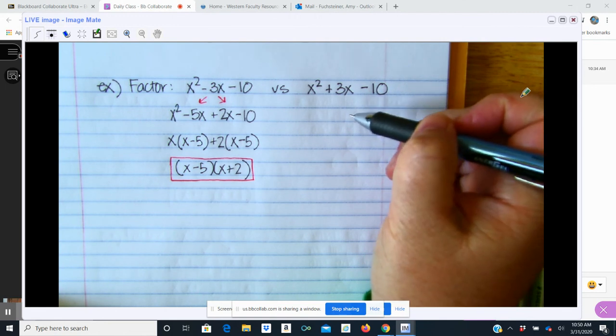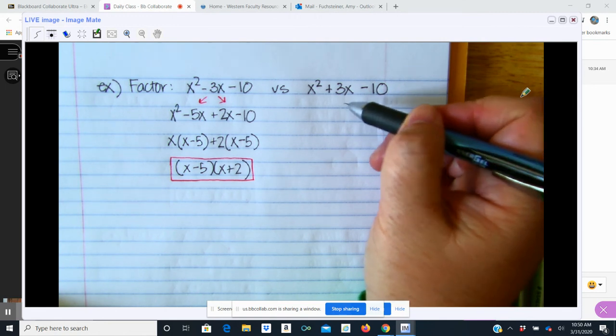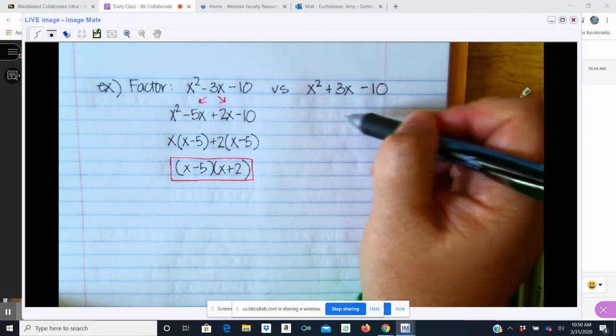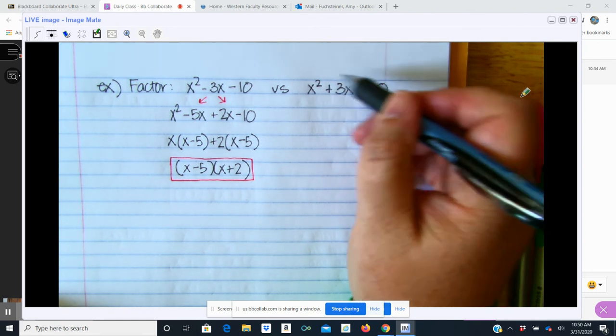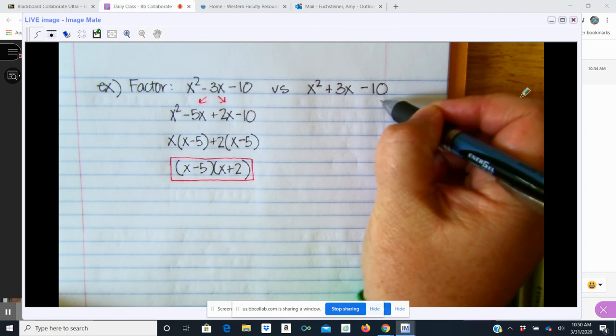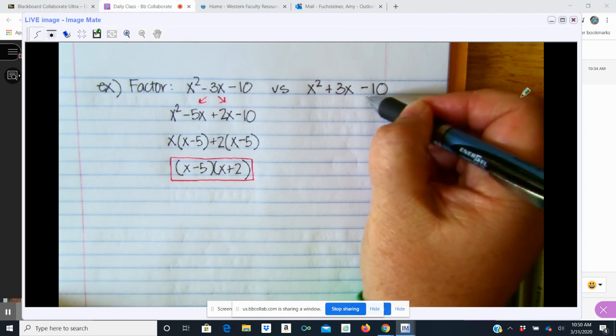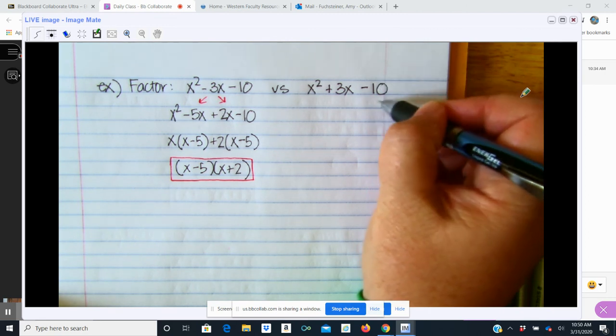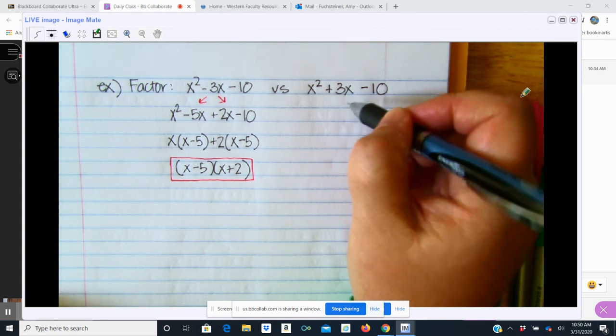However, let's take a look at the second example. In the second example here, we have an x squared plus 3x minus 10. So what two factors of a negative 10 will add to give you a positive 3?